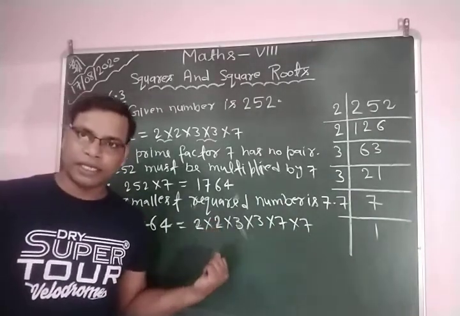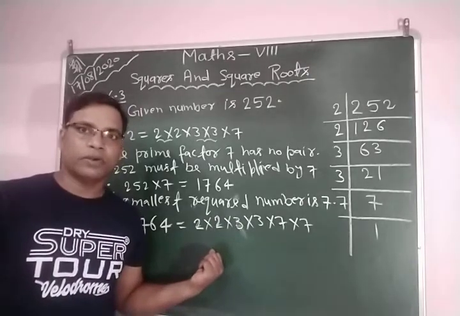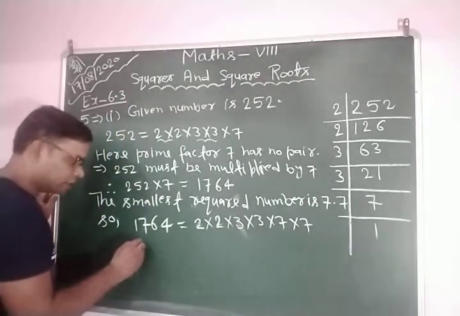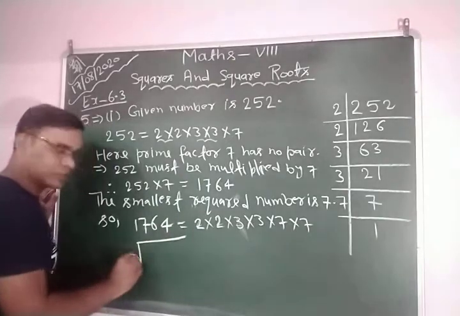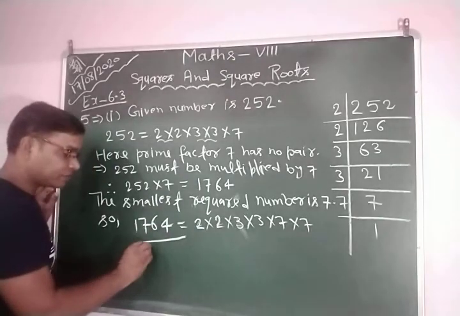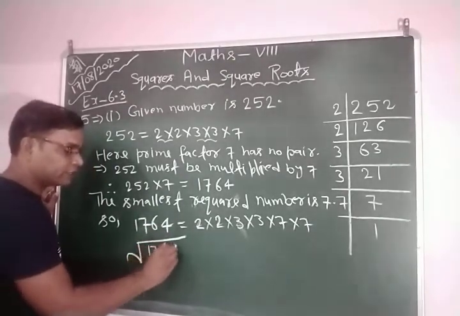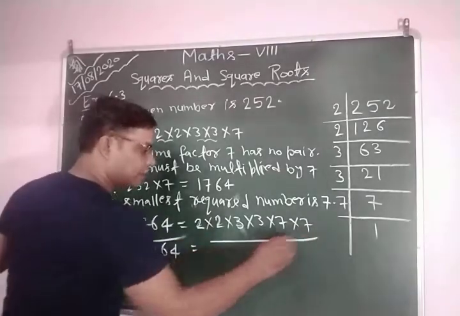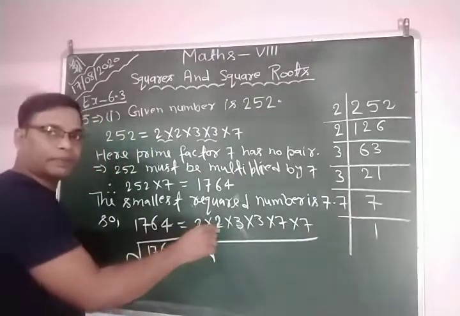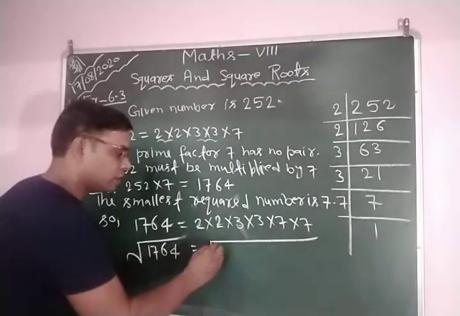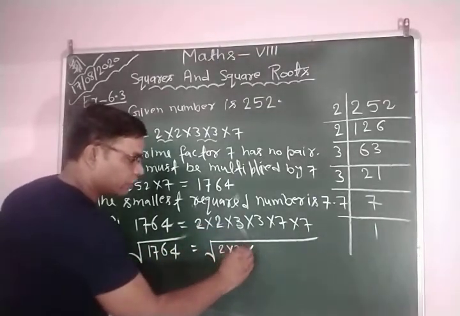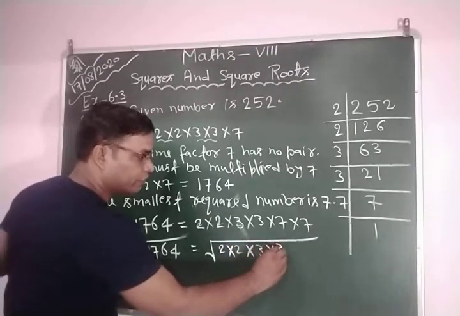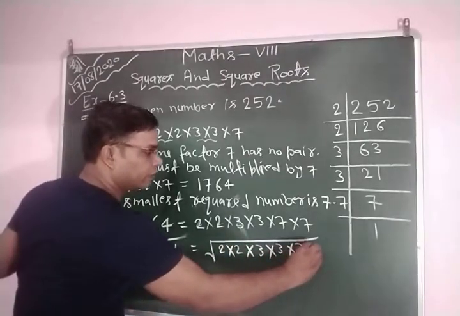So we can find its square root. This is the symbol of square root. So you can write here the square root of 1764, and again write the product of prime factors under the root: 2 into 2 into 3 into 3 into 7 into 7.